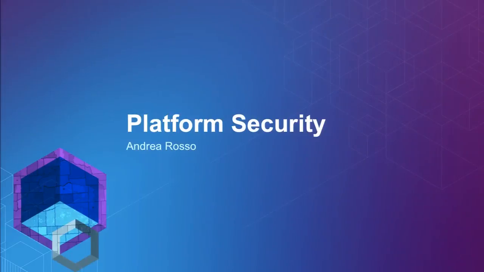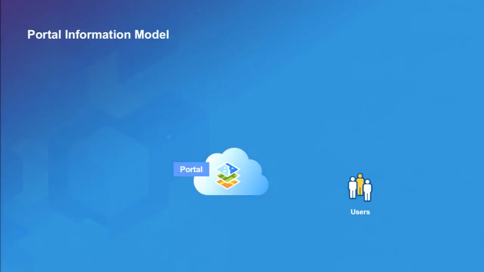So let me start with what I call platform security. Again, these are the settings and the security-related things that you can control in ArcGIS Online. The first thing to understand is really our portal information model. When you start using ArcGIS Online, you get an organization or subscription or portal.